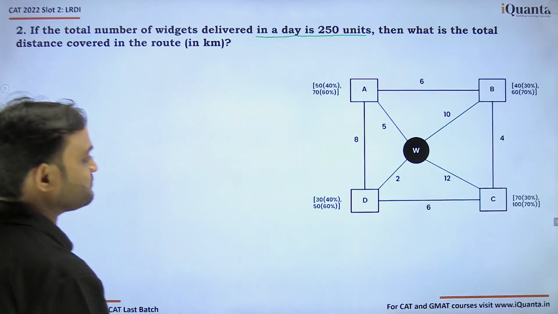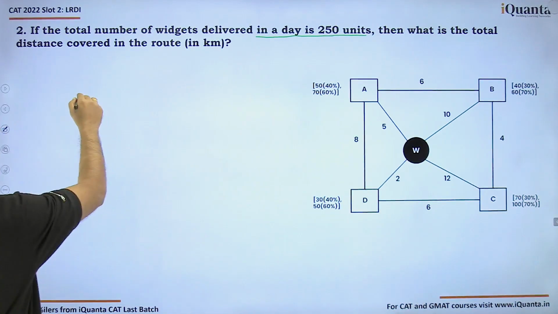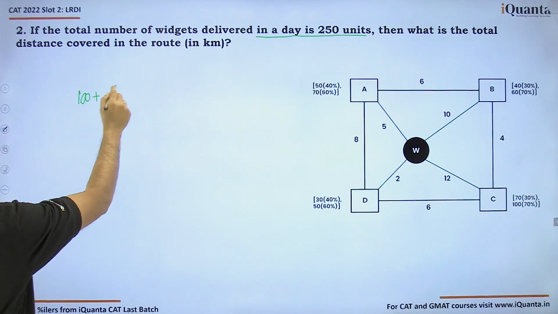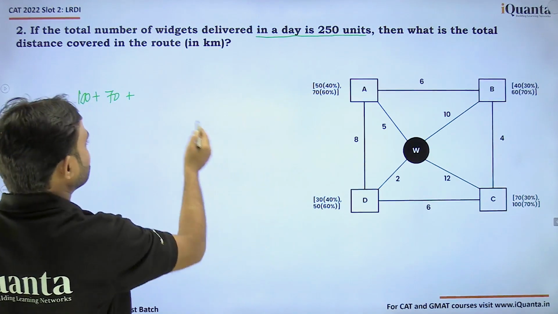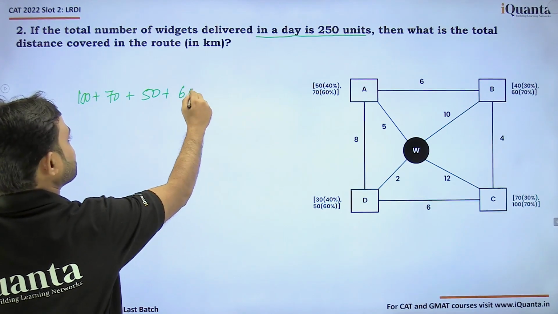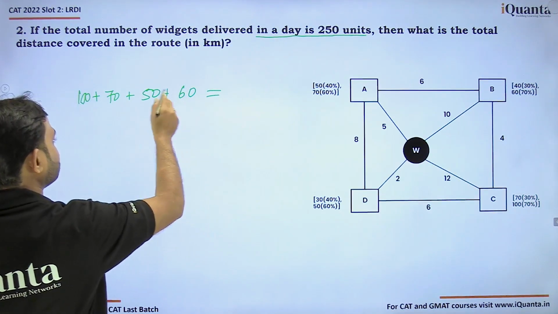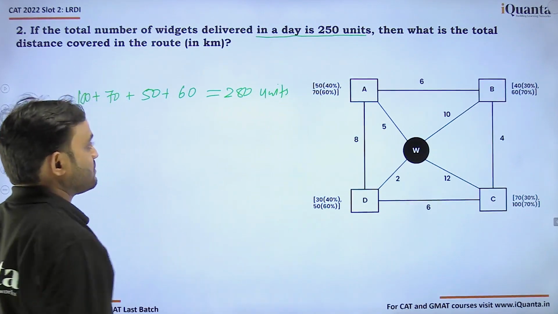So what is the maximum value that we get? So maximum demand will be 100 plus, for A it will be 70, for D it will be 50, and for B it will be 60. And if you add all this, this is 280 units. What do we want?